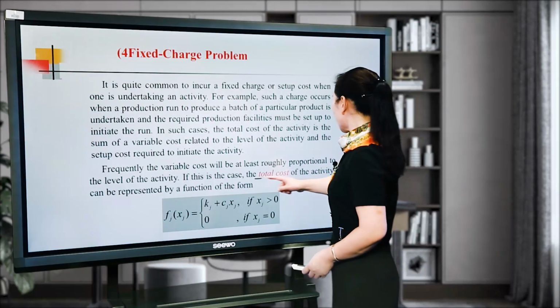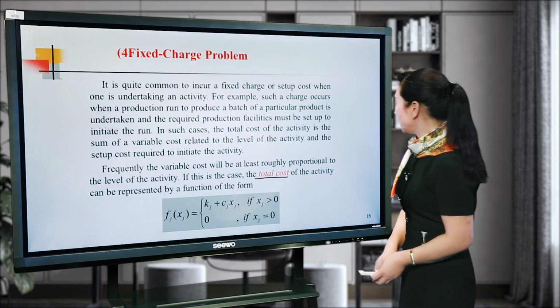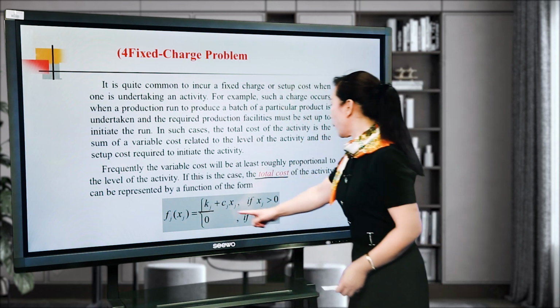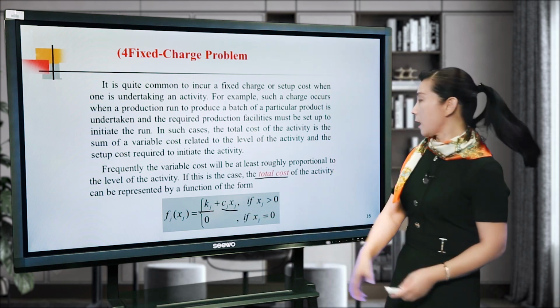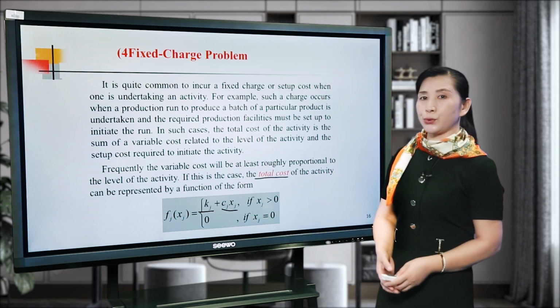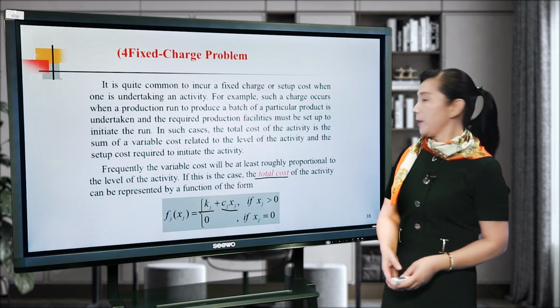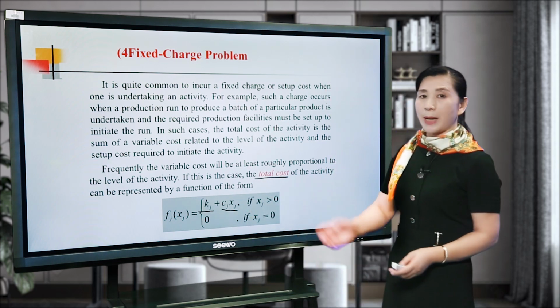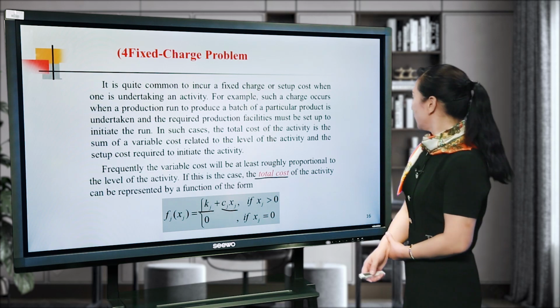If this is the case, the total cost of the activity can be represented by a function of the following form. The total cost includes fixed cost and variable cost. Fixed cost is not related to the amount of production, and variable cost is proportional to the amount of production.